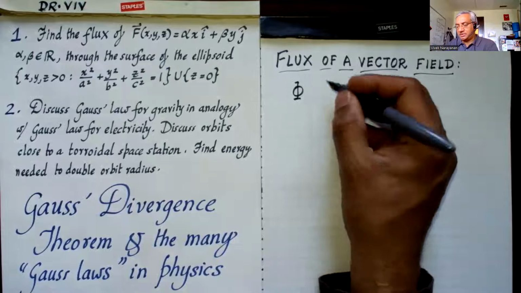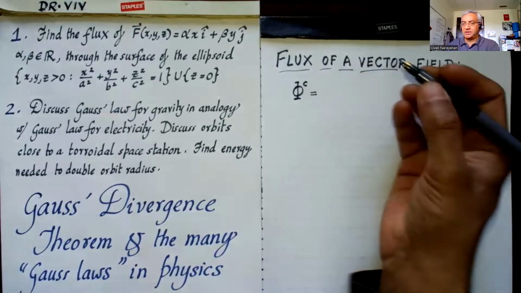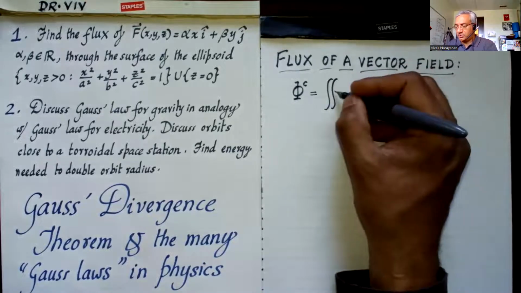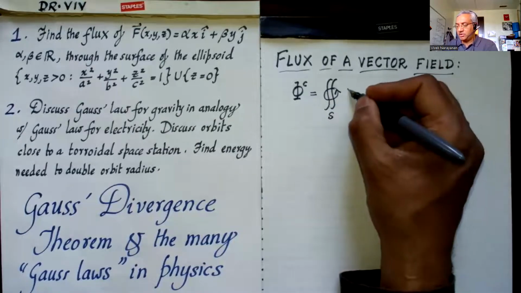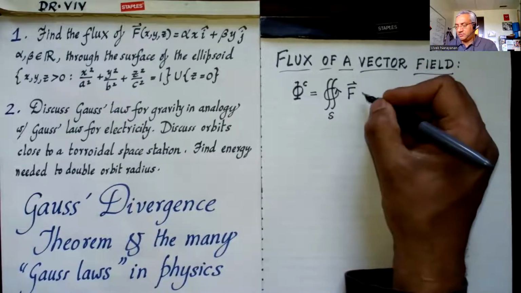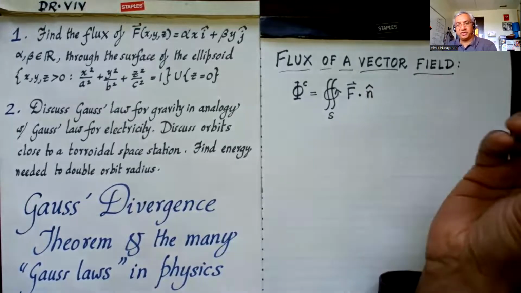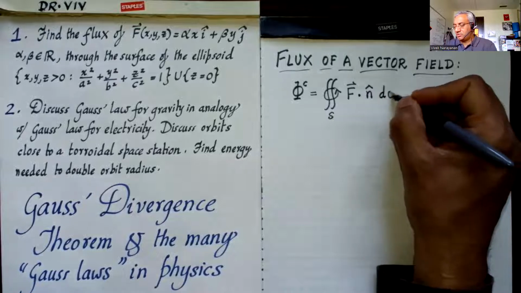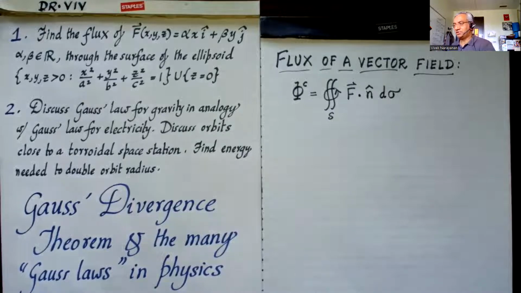Phi, that's the flux through a closed surface, phi sub c, is going to be the oriented double integral over the surface of the vector field dotted with a normal to the surface, n hat, times the area element of the surface, d sigma. So that's the basic definition of the flux that we're going to have to use.